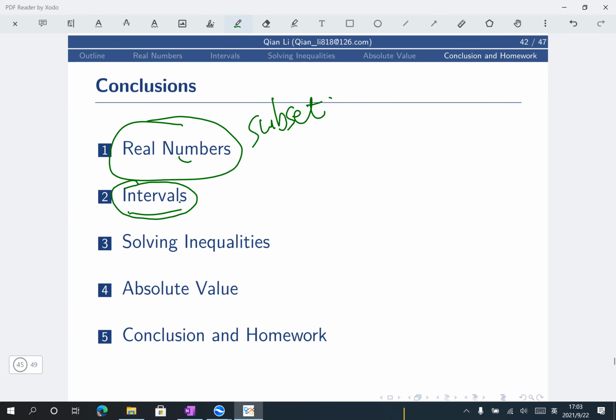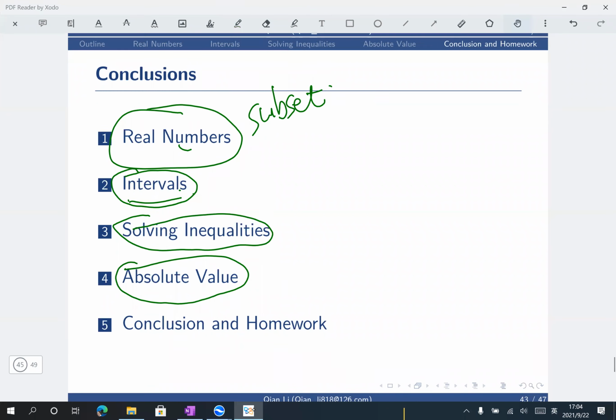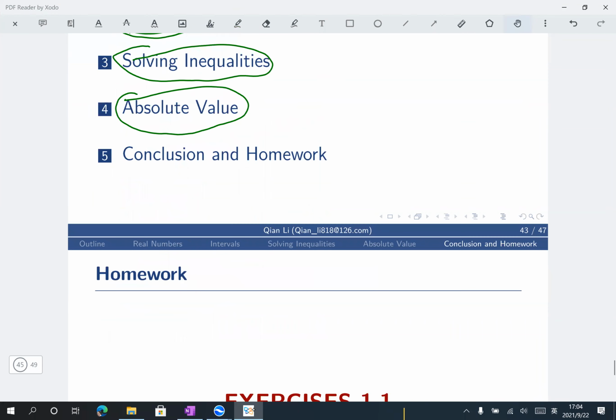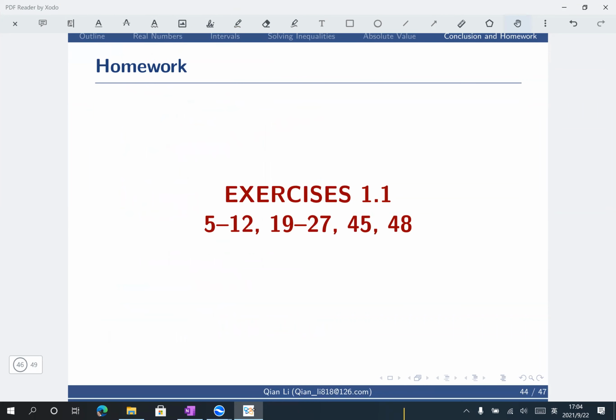We studied the finite intervals and the infinite intervals, and then how to solve the inequalities and the absolute values, right?